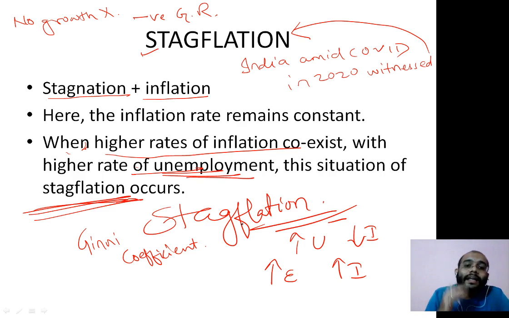As a result, liquidity in the market will increase, and we will witness a rise in demand, and rising demand is nothing but increasing inflation because of demand pull effect. Demand pull inflation would be there, but in stagflation we will witness that unemployment rate is at all-time high, as well as inflation rate is also increasing. This is a typical situation of inflation. This is called stagflation.